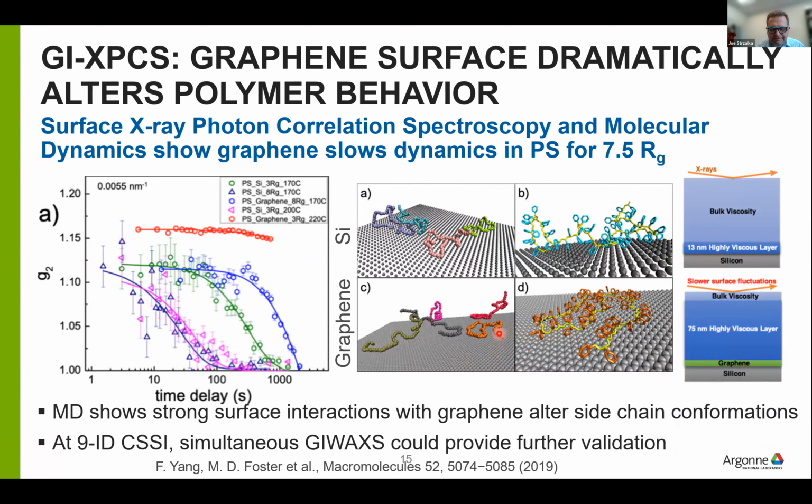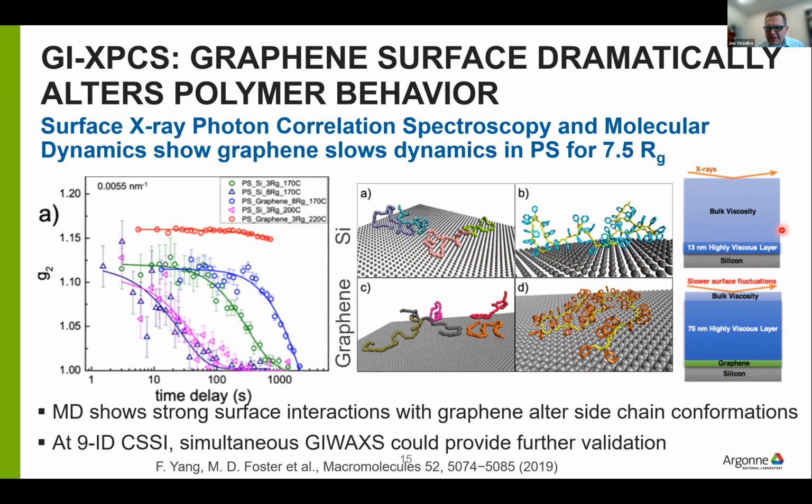So simulating an ensemble of chains and then only highlighting the structure of just a few of these explicitly, you can see that without the graphene film, the chains are able to freely adopt a variety of configurations. But with the graphene layer, there's a much tighter interaction between the styrene rings and the surface. And so that really hinders the dynamics.